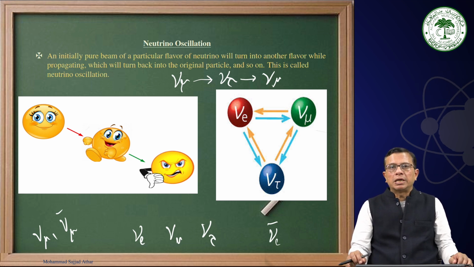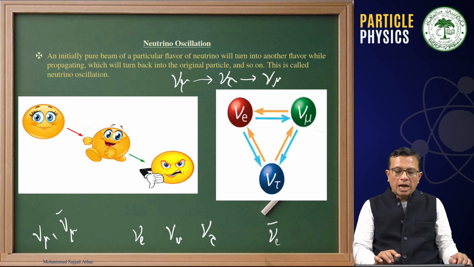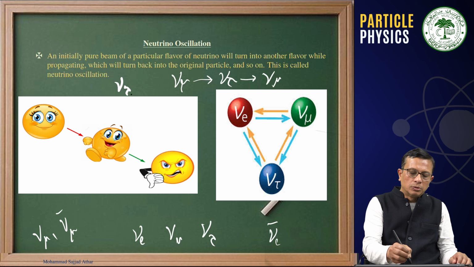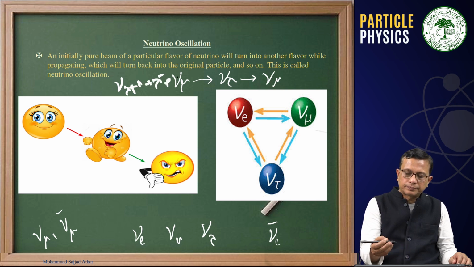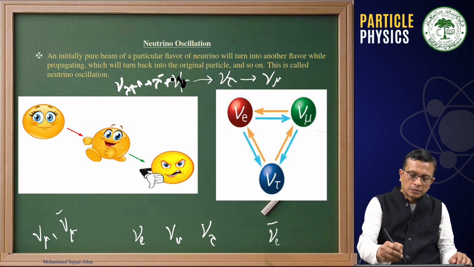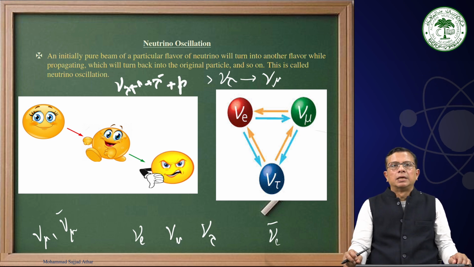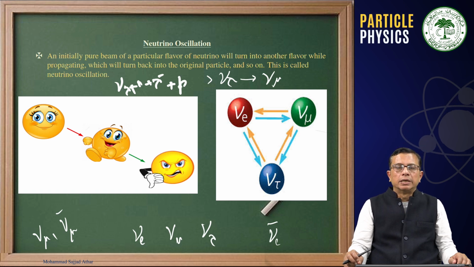That means if we are producing 1 million muon type neutrinos, and we have placed a detector at some distance, and through the interaction nu tau n going to tau minus plus p, we observe tauons, then that means while nu mu's were coming, on the way a few of them got converted into nu tau, and because of this interaction you have a charged lepton of tauon type in the final state.